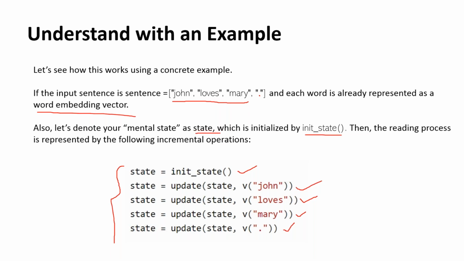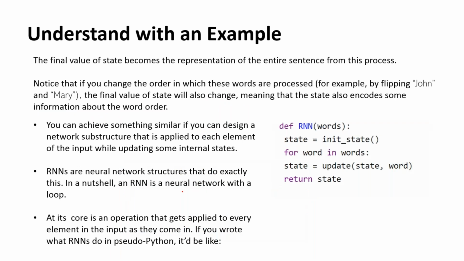The dot represents the end of the sentence. So this is how the code or implementation should be for a sentence like this. Once we go ahead with that, the final value of state becomes the representation of the entire sentence from this process, right? So that gives us the meaning of the entire sentence.